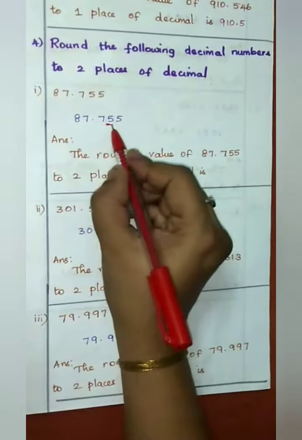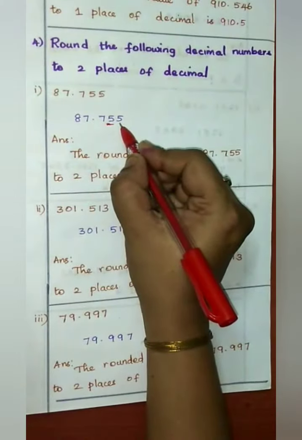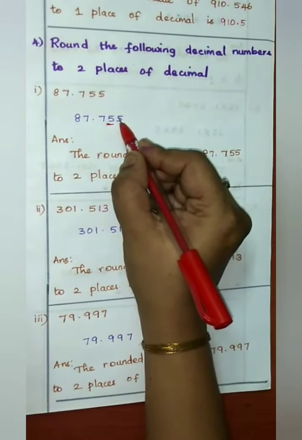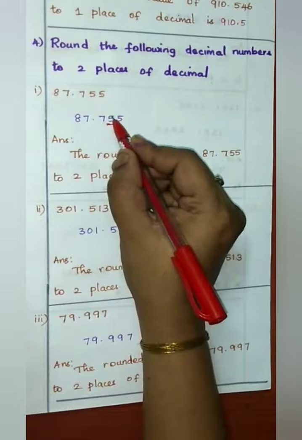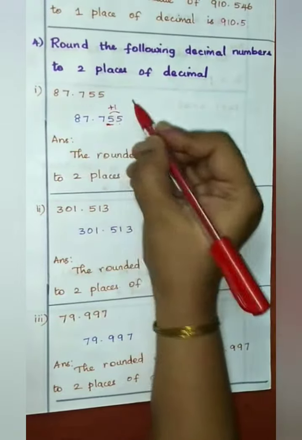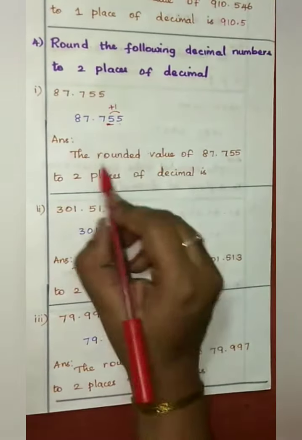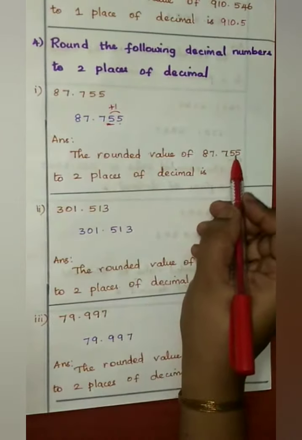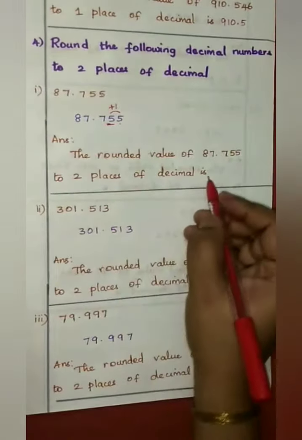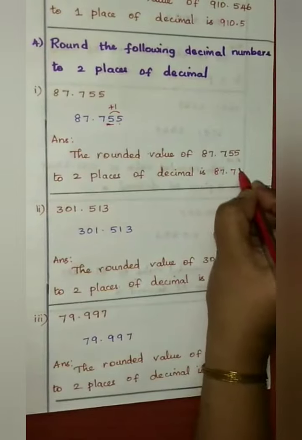Look at the digit next to the underlined digit. This is equal to 5. So add 1 to the underlined digit. So it becomes 87.76. So the rounded value of 87.755 to 2 places of decimal is 87.76.